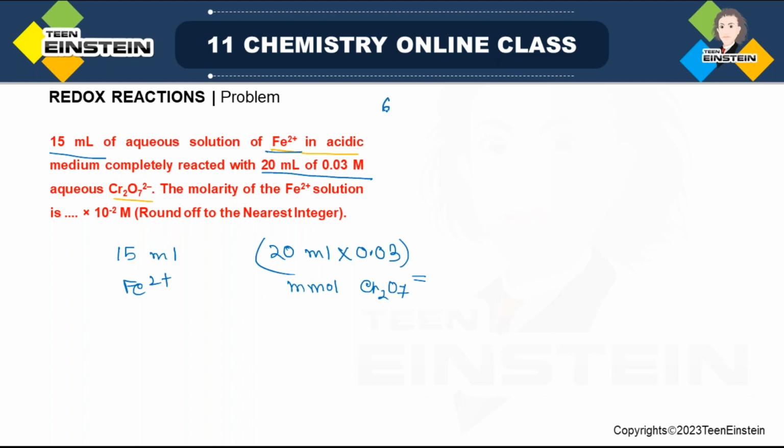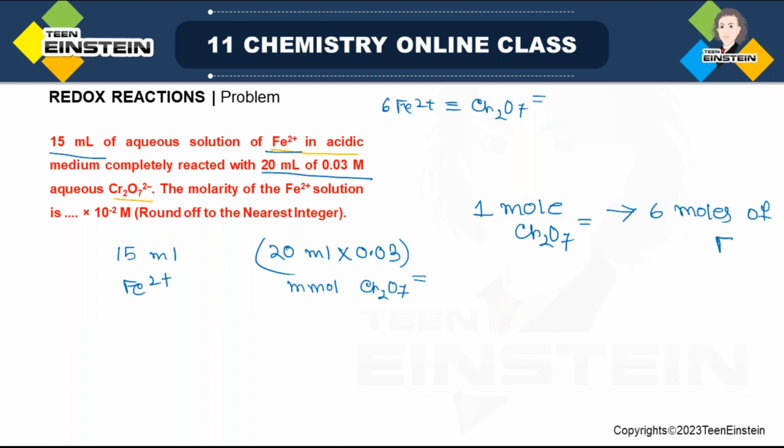Okay, now from the relationship, 6 Fe2+ is equivalent to 1 Cr2O7 2-. So here you can write that 1 mole of Cr2O7 2- reacts with 6 moles of Fe2+. Now it is also true for millimoles.